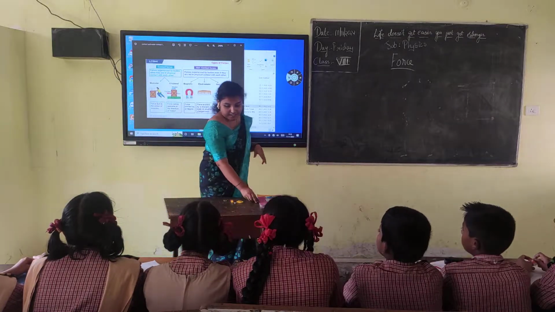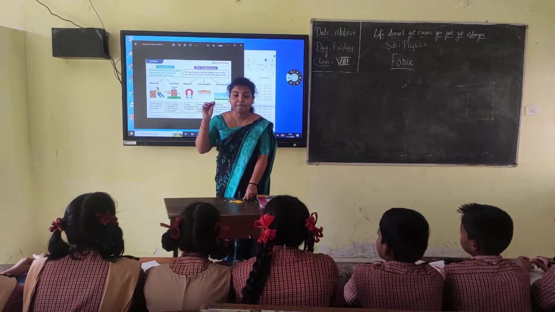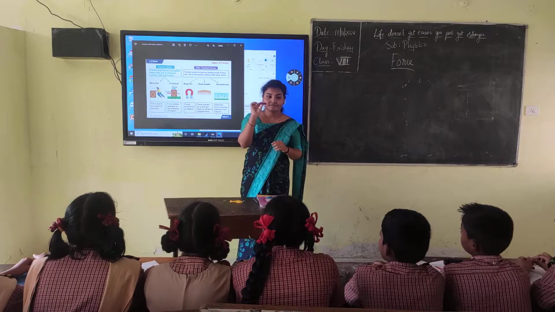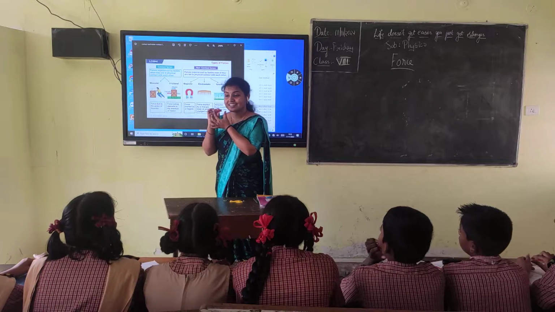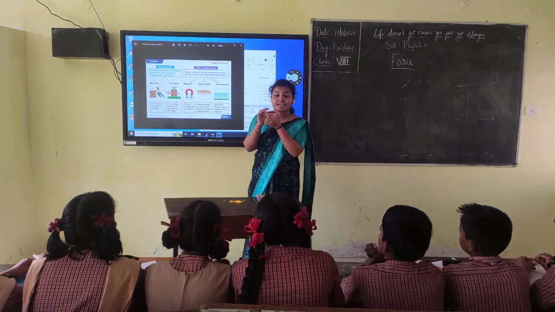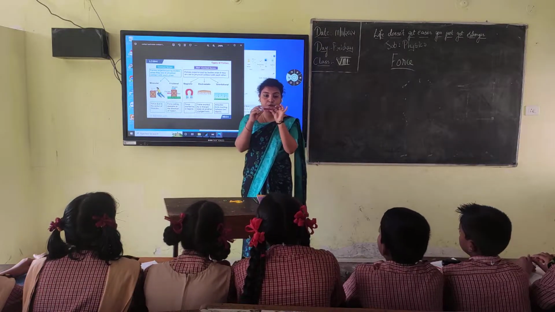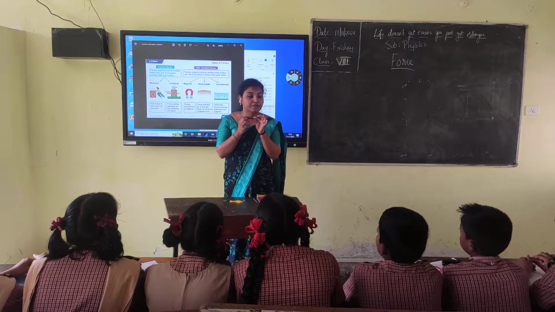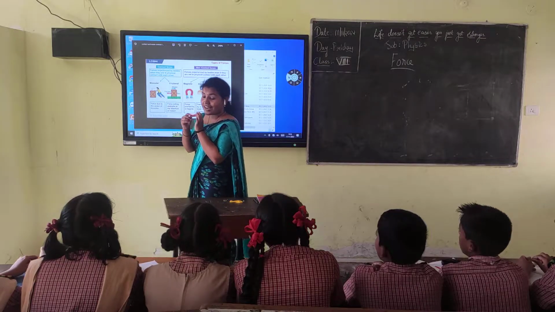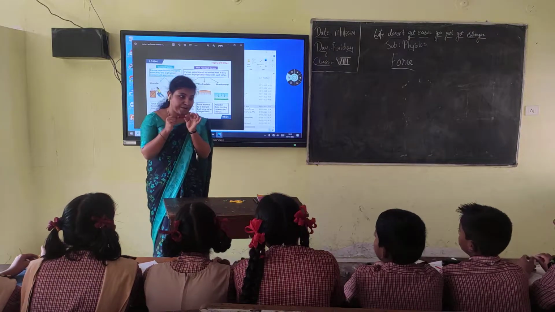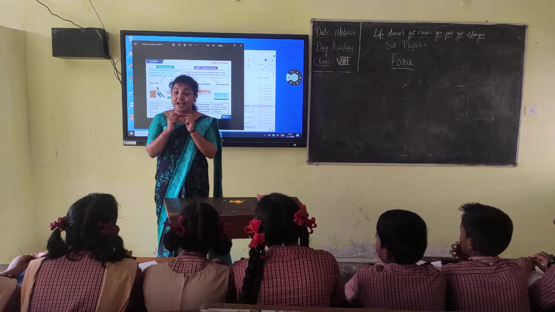Magnetic force. This is a magnet. What are the properties of magnets? Yes, a magnet contains two poles. One is the north pole and another one is the south pole. Like poles will repel each other. Unlike poles will attract each other.